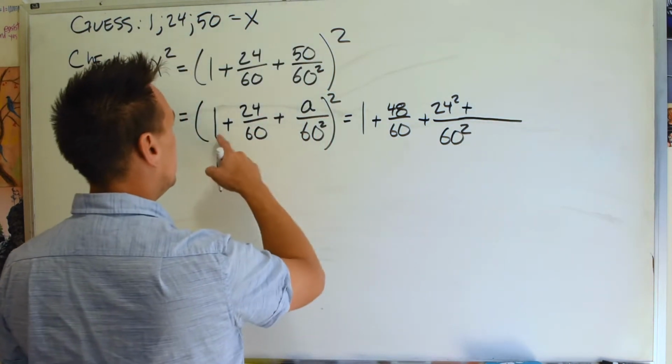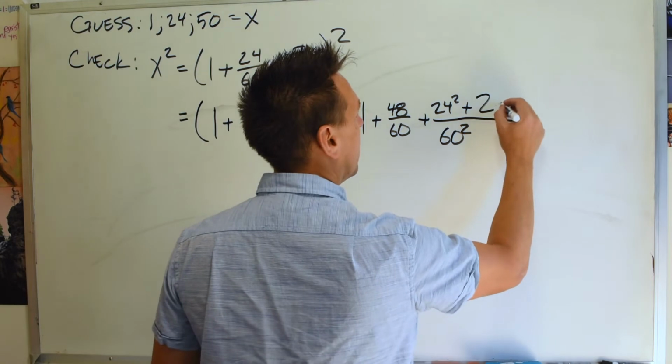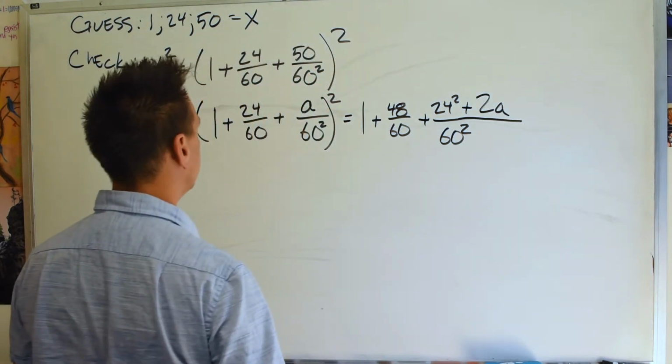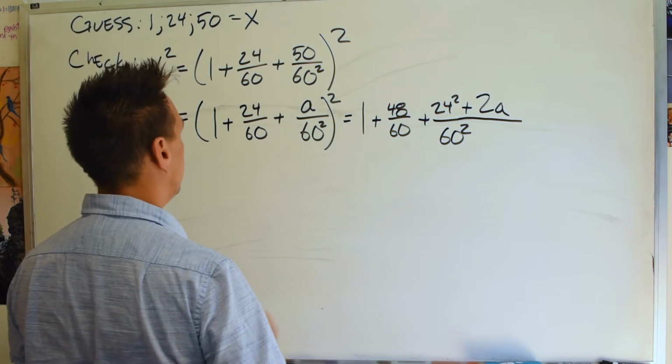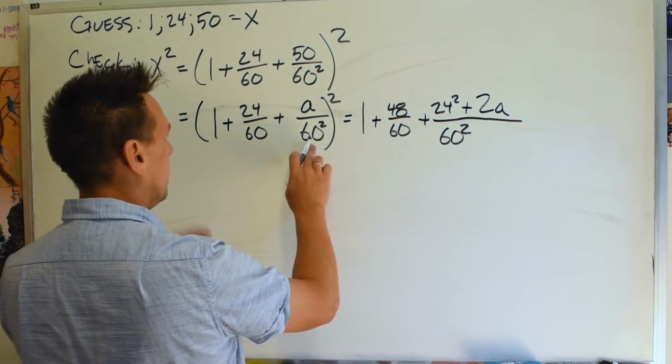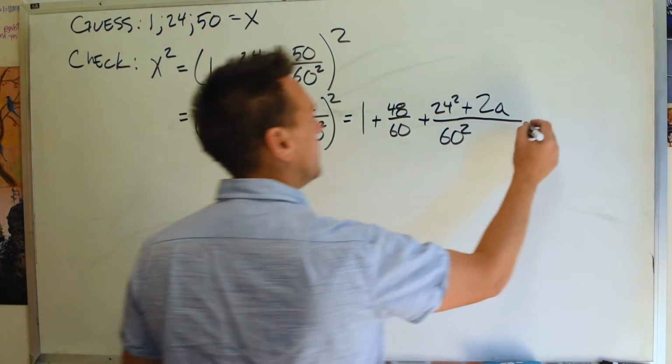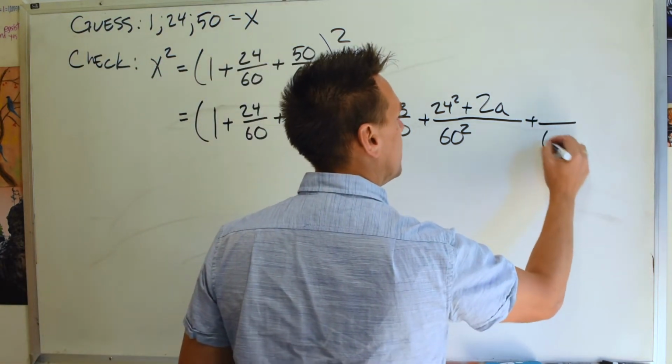And I'm going to get 2a over 60. And then the other term I'm going to get is this one times that one as a middle term. So the denominator there will be 60 cubed.